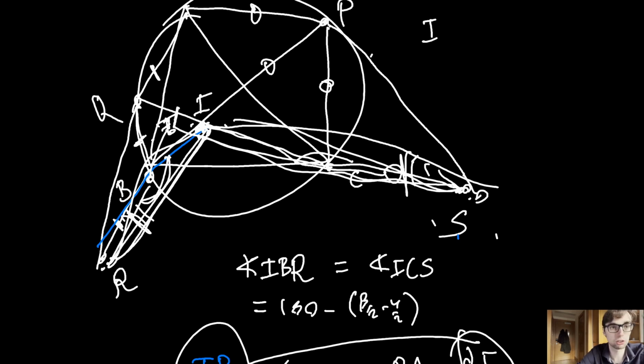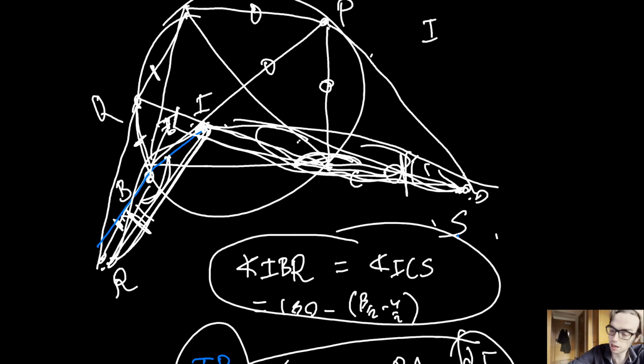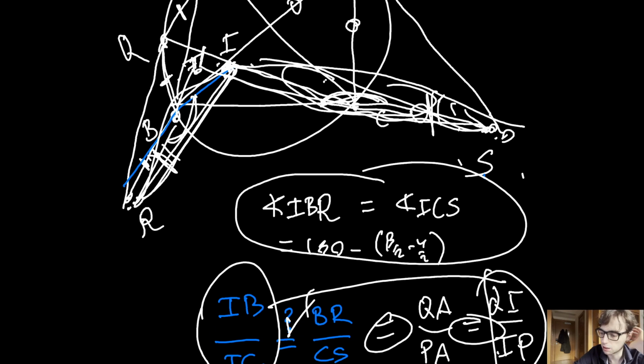So you try some angle chasing, you see, okay, you're not getting everything just by purely doing angle chasing. So then you go, okay, so I must find the similarity. And given I have that IBR is equal to ICS, that means I need to look at BR over CS being the same as IB over IC.